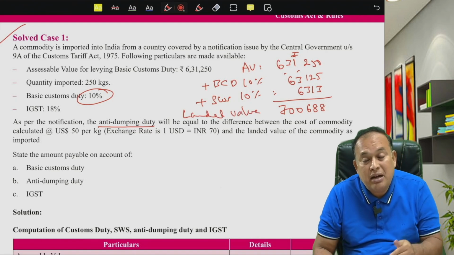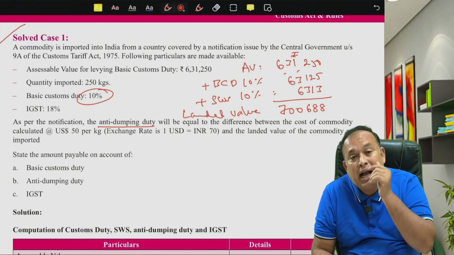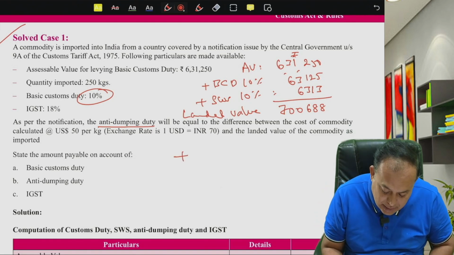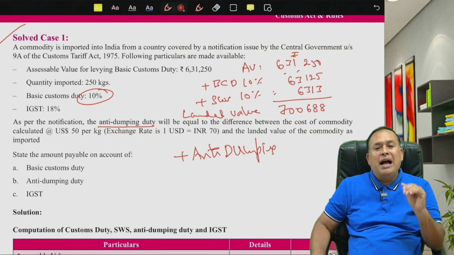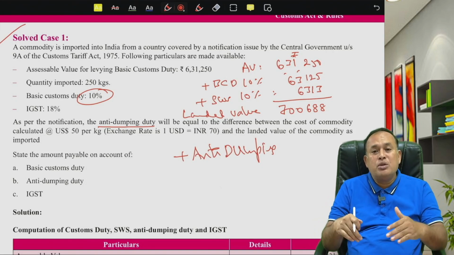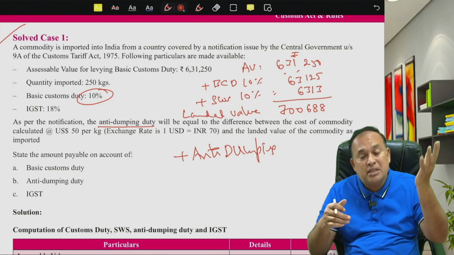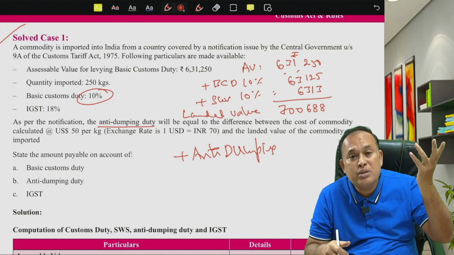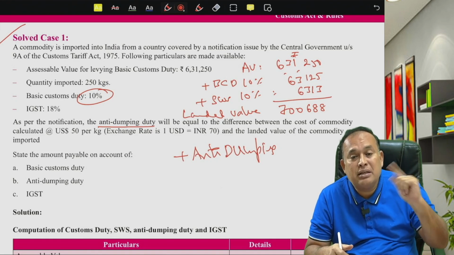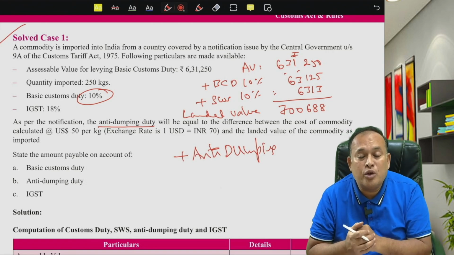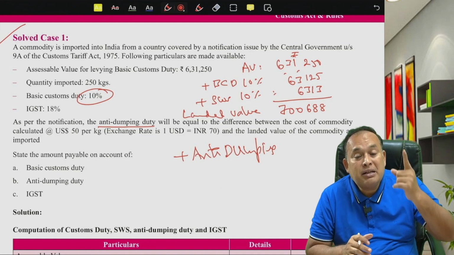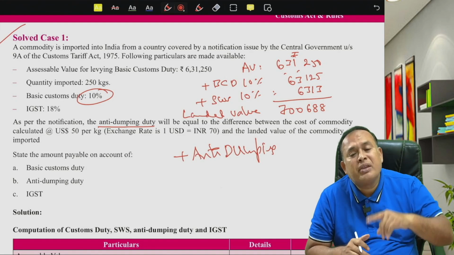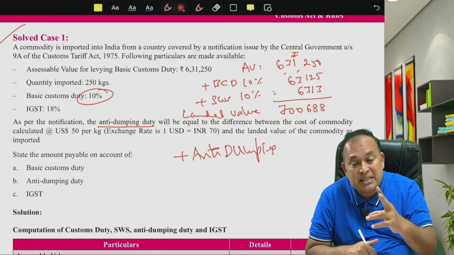Now we have to add the anti-dumping duty. Anti-dumping duty, how to add? What is anti-dumping duty? Anti-dumping duty means if I bring goods from a country which is dumping its goods in India, the Department of Customs, with the confirmation of the Government of India, will levy the anti-dumping duty, saying that the difference between the market price of the imported goods and the landed value is equal to anti-dumping duty.